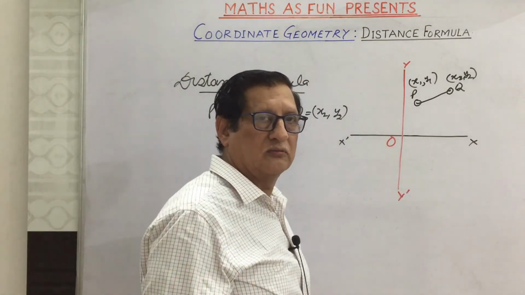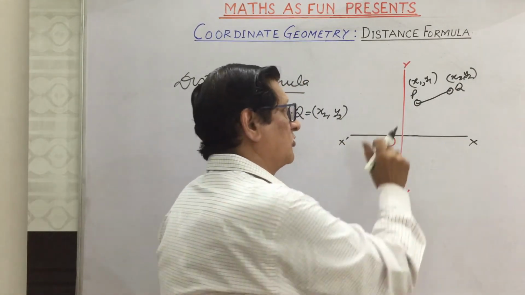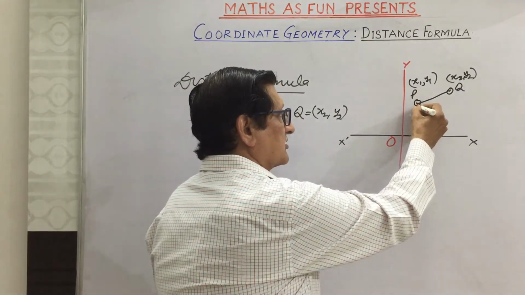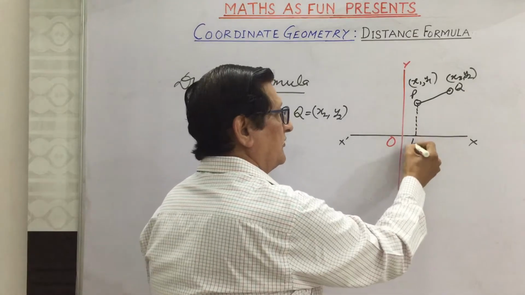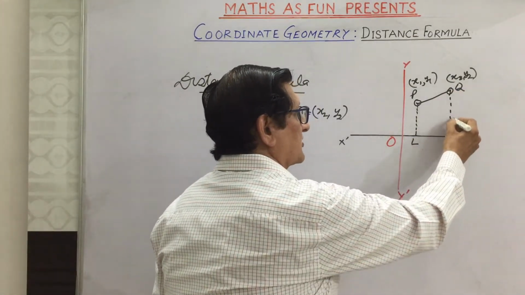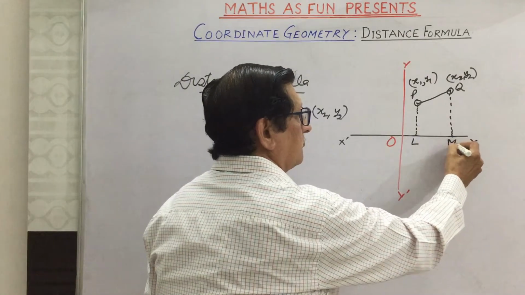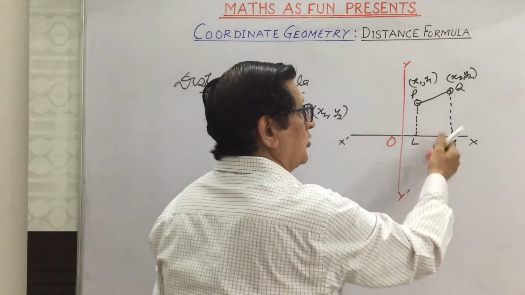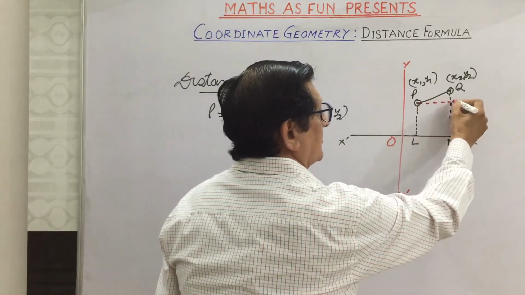We are to find out the distance between them, that is we have to find out the length of PQ. What we do, we draw a perpendicular from P to the x-axis, that is PL. A perpendicular from Q to the x-axis, that is QM. And then we draw a perpendicular from P to QM, that is suppose PN.